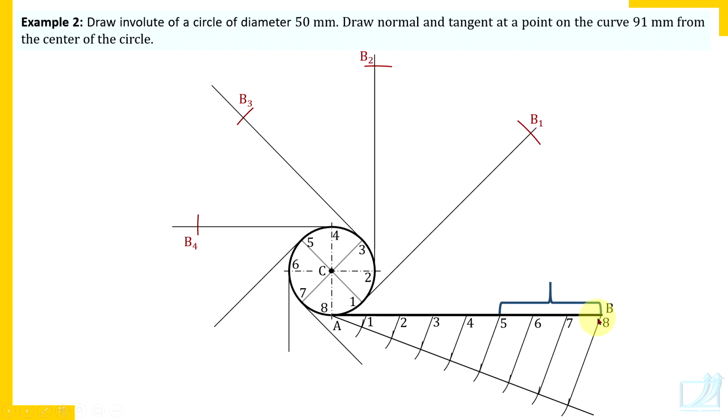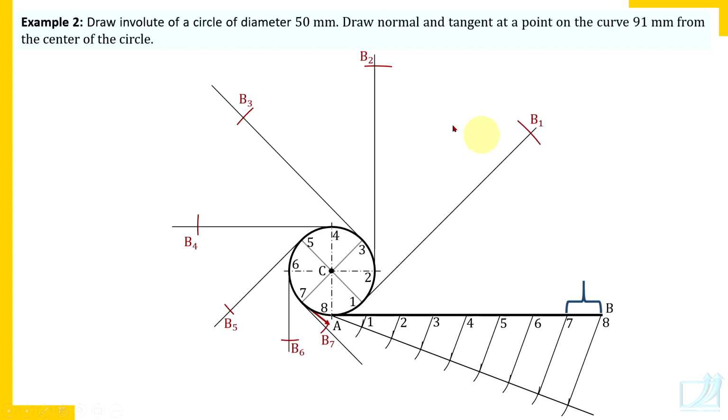So take distance 5b in compass, and from point 5 on the circle cut the fifth tangent. Now take distance 6b in compass, and from point 6 cut the sixth tangent. Take distance 7b in compass, and from seventh point cut the seventh tangent.